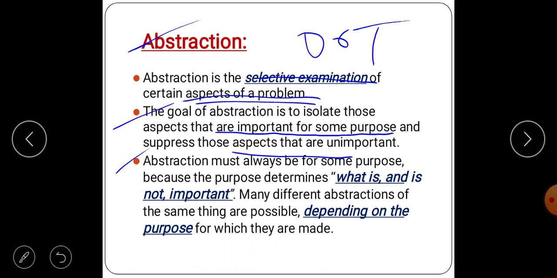Means if there is one thing, one object, then for that object there are n number of different abstractions that may be built, depending on the purpose for which they are made. Means how we can develop different abstractions for the same thing depends on the purpose for which they are made.